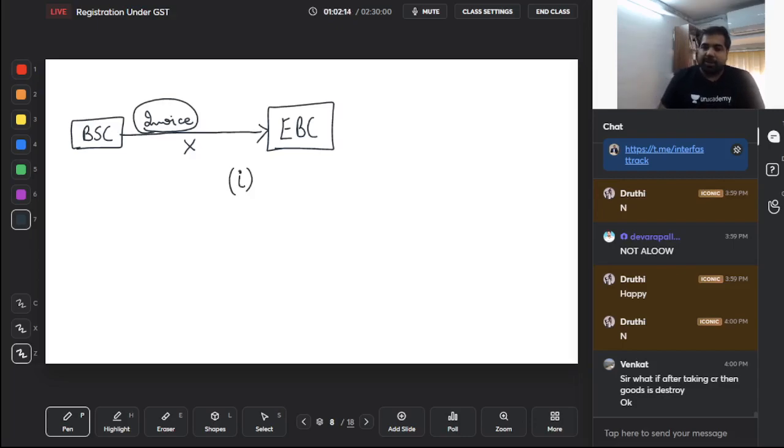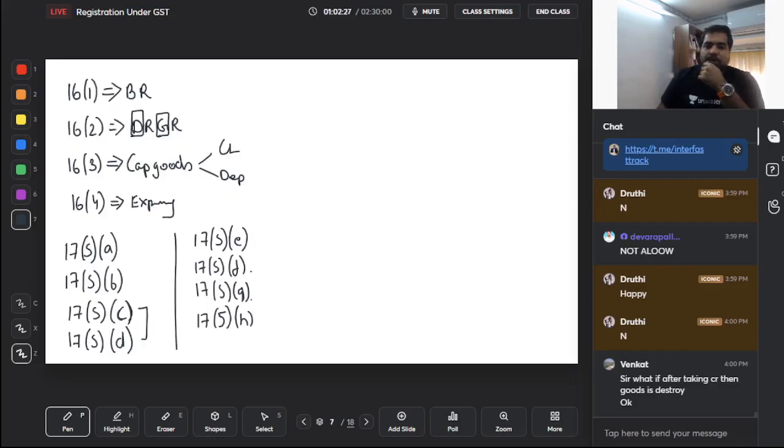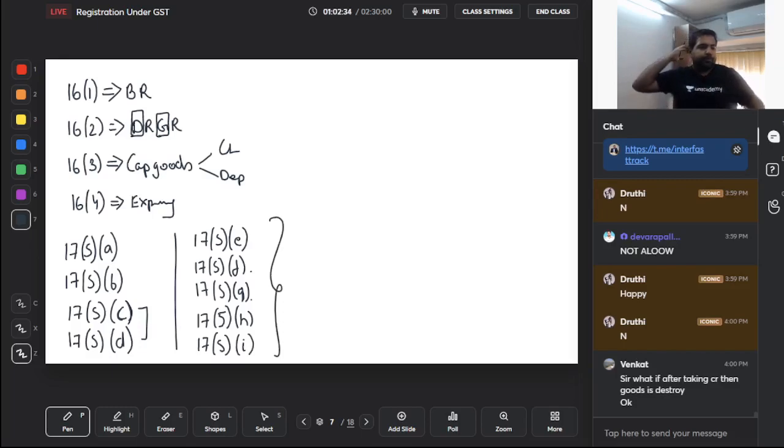Yes, and once they investigate, they say, we know this is because of fraud, misrepresentation, etc. So we will block this under 17(5)(i). I is for investigate. So this is 17(5)(i), and this is your very important blocked credit.